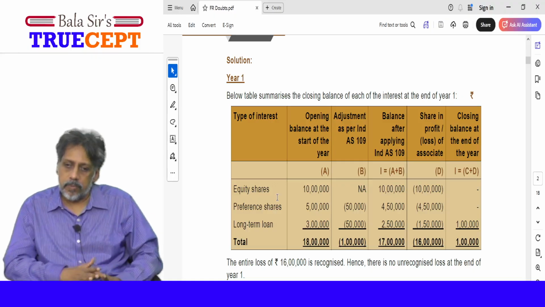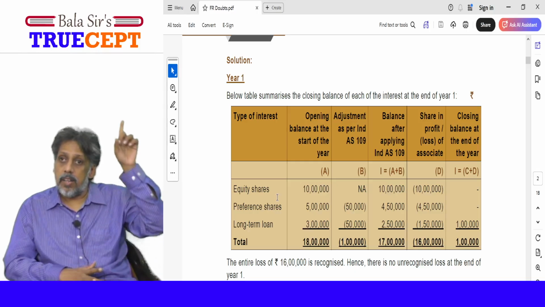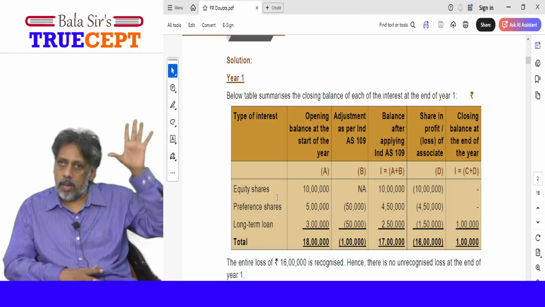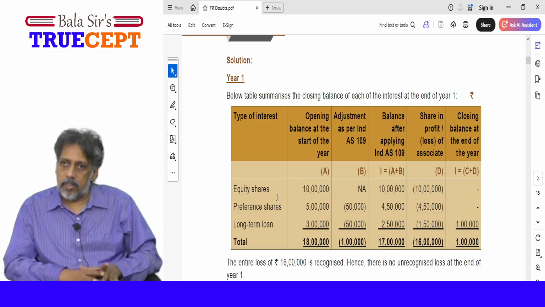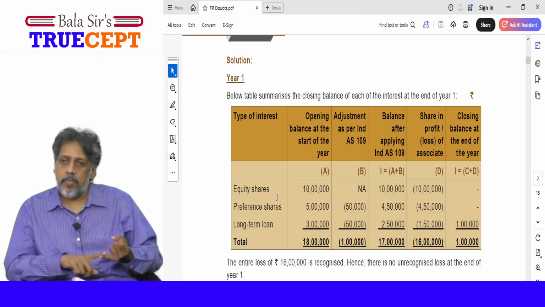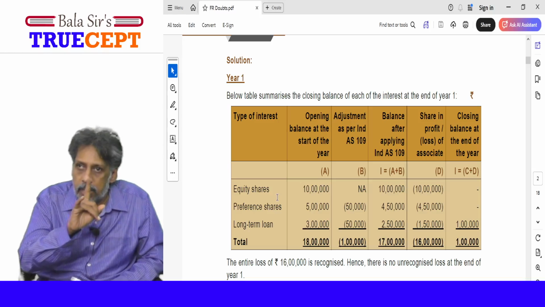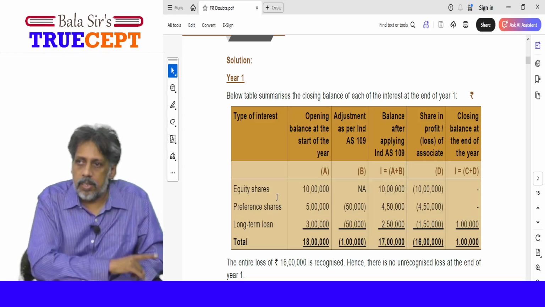Next, preference shares. Opening balance 5 lakh rupees. Then adjustment minus 50,000. That is a 50,000 fair value reduction, right? Given decrease in value of investment as per IND AS 109. So what is the amount after adjustment? 4 lakh and 50,000. And here, what is the loss still? Out of 16 lakh loss, 10 lakh was assigned to investment.